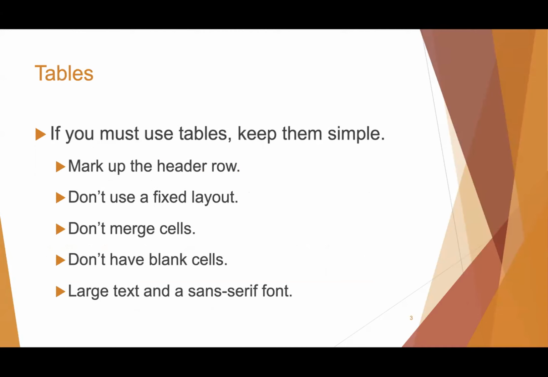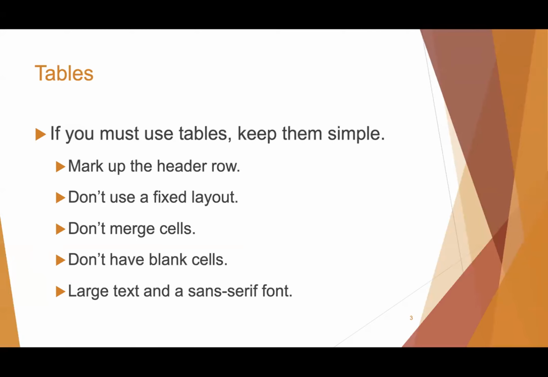The first tool or feature that we're going to talk about today is tables. We recommend that you avoid them in general. They should only be used for tabular data, and the information they present is quite small on a presentation. But if you must use tables, we have a few recommendations to make them accessible.